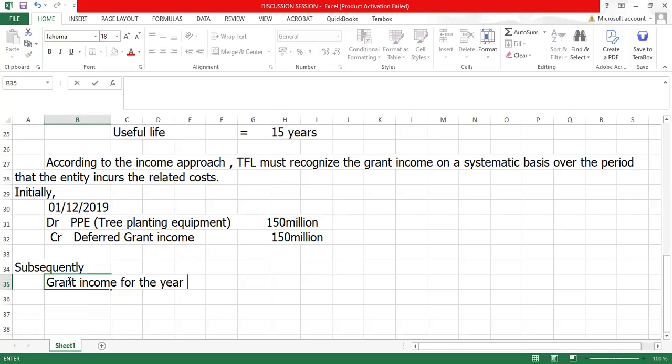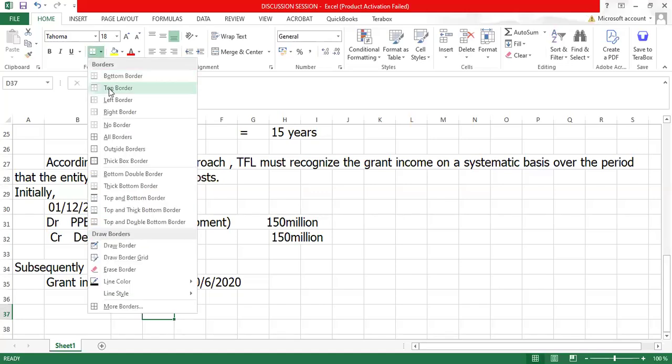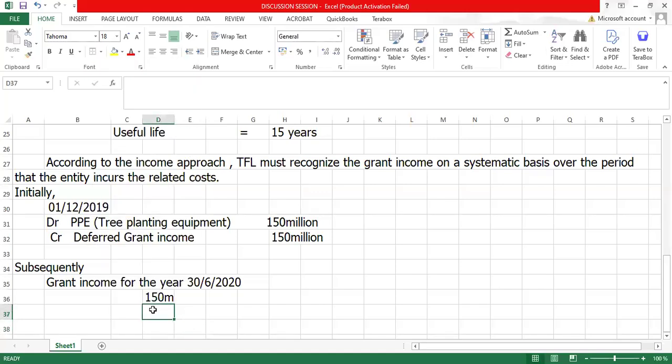Now we are handling which year? For the year ended 30th June 2020 you simply get that deferred grant income, 150 million, then divide by the number of years, 15 years. That is, each year you should be recognizing this.